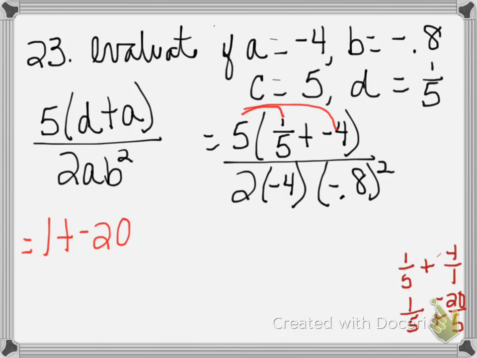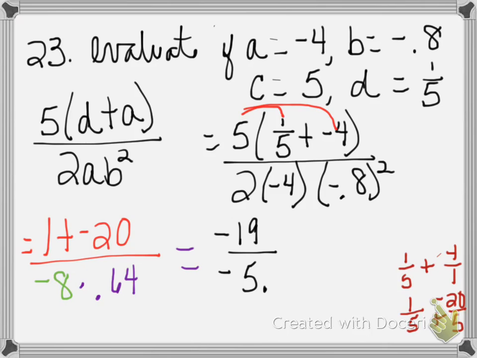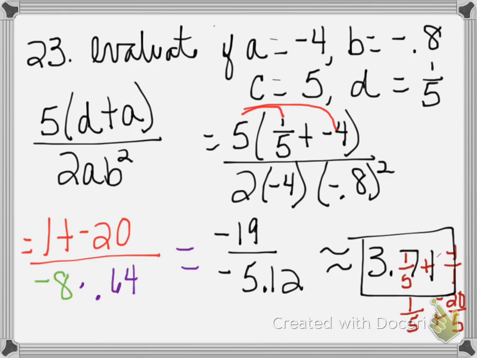I found that what I did was a whole lot easier. Then do the denominator. 2 times negative 4 is a negative 8. Square negative 0.8 squared turns into a positive 64. My numerator turns into negative 19 over a negative 5.2, which is around 3.71.